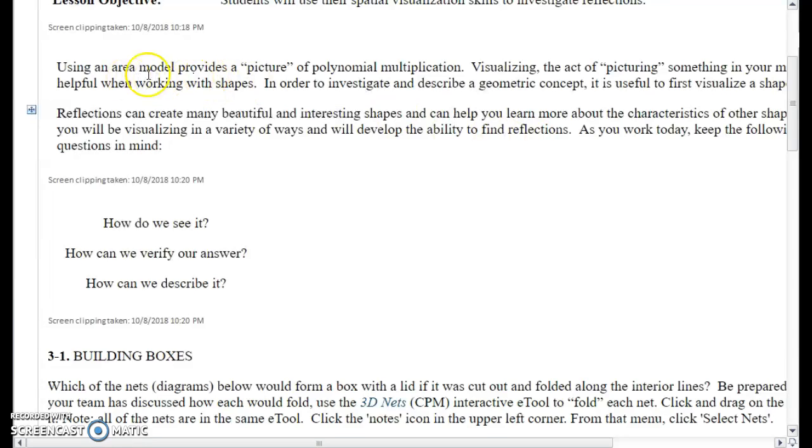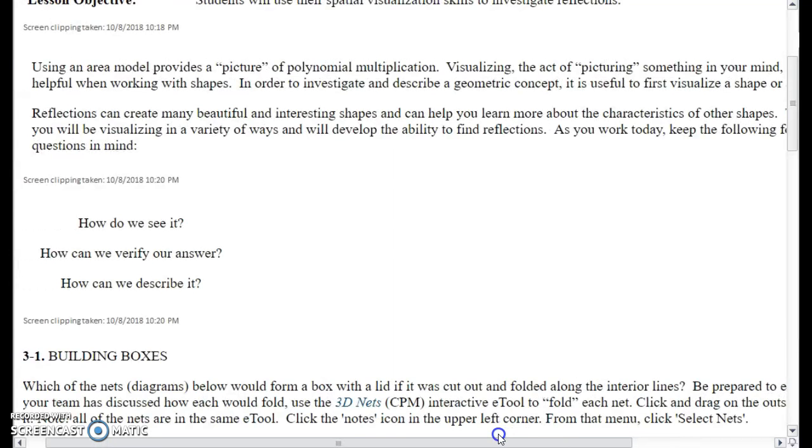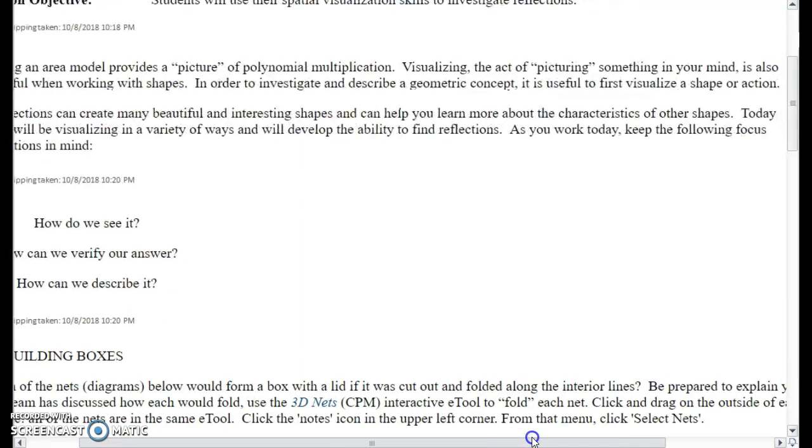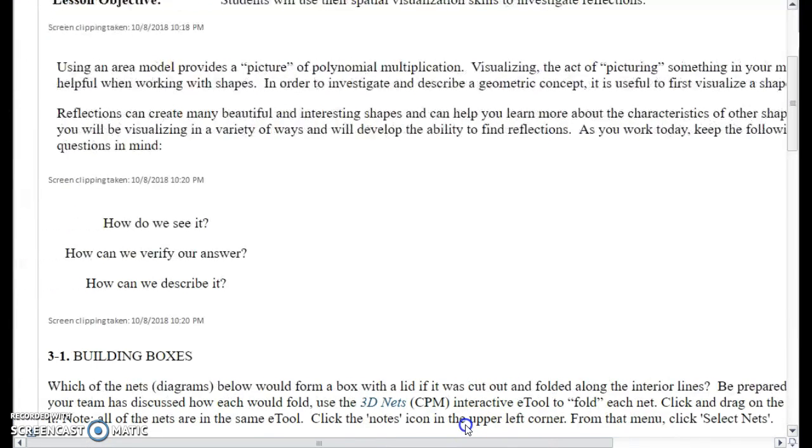And so, using an area model, you want to provide a picture of polynomial multiplication and visualize the act of picturing something in your mind. It's also helpful when you're working with shapes. In order to investigate and describe geometric concepts, it's useful to first visualize a shape or action.